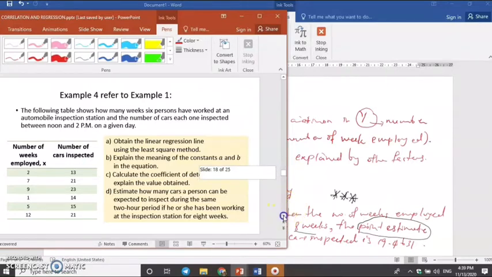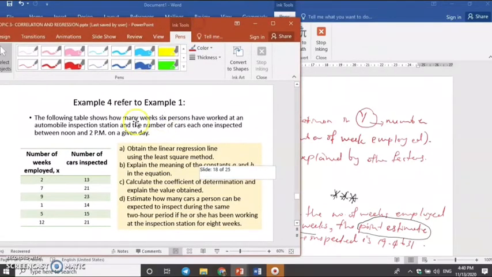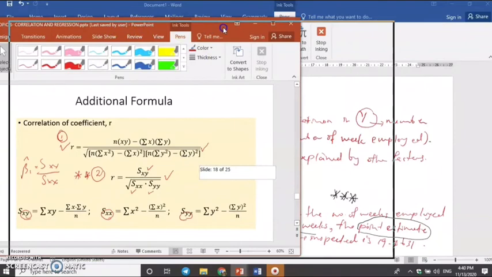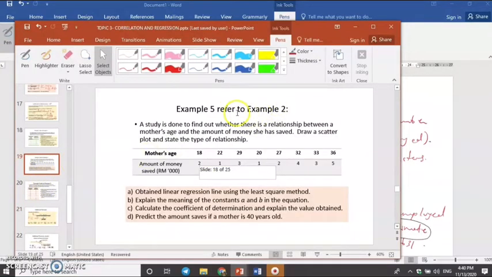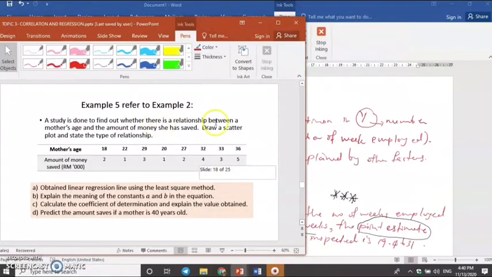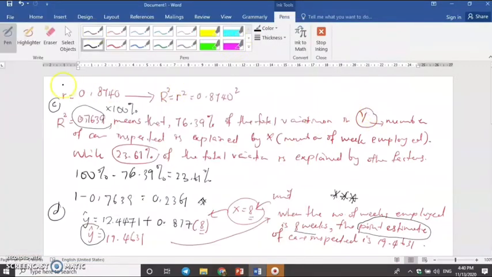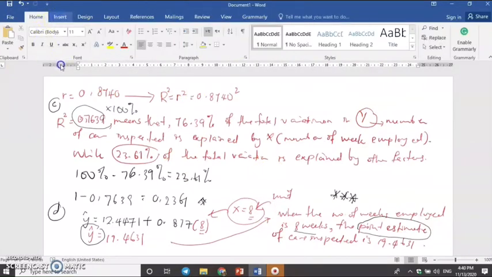Okay. So for example 2, it is about example 5 based on example 2, right? So example 5 based on example 2. So kita pergi kepada the next one.